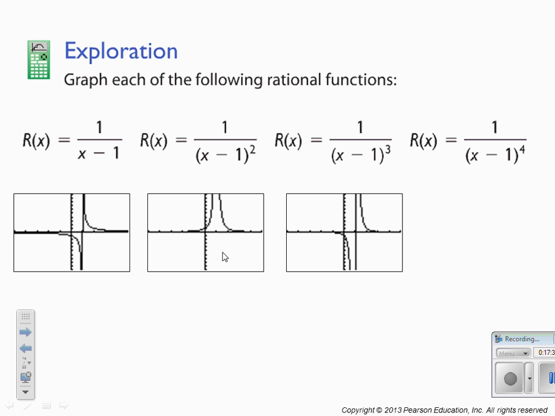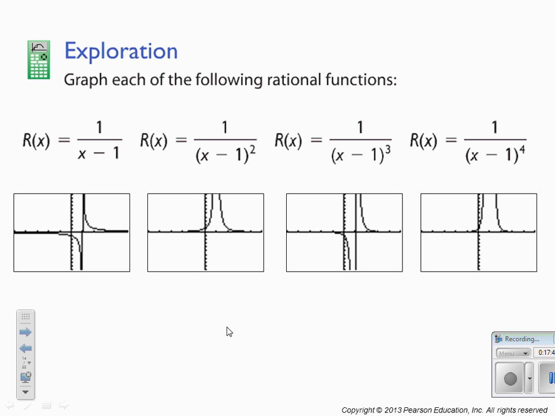It brings this guy back, but you can see he is more tightly compacted to the asymptote. Then this guy has a wider curve.